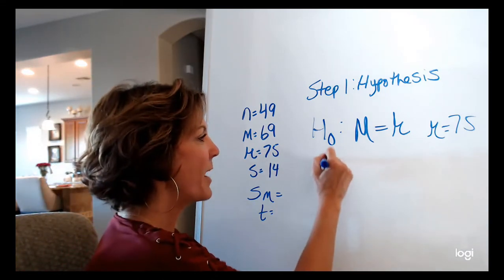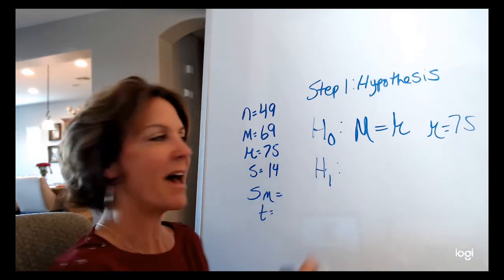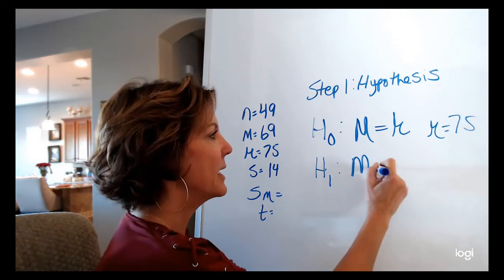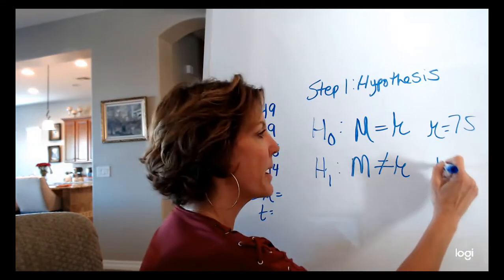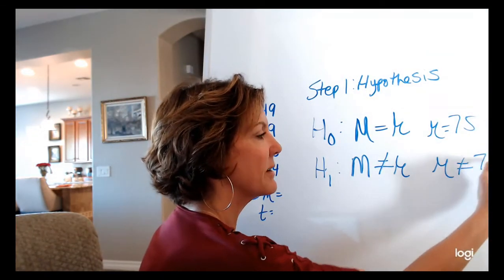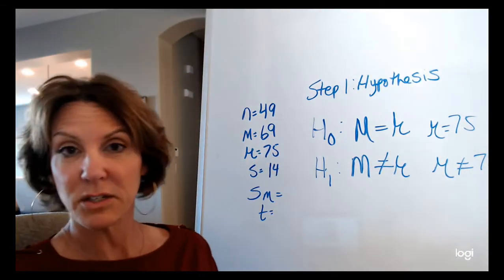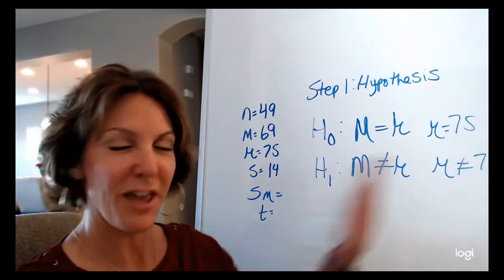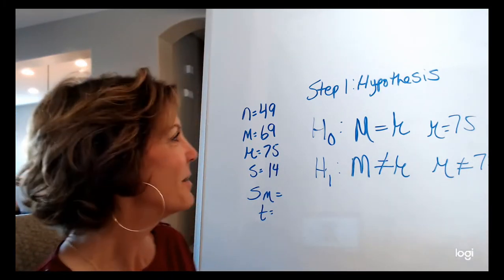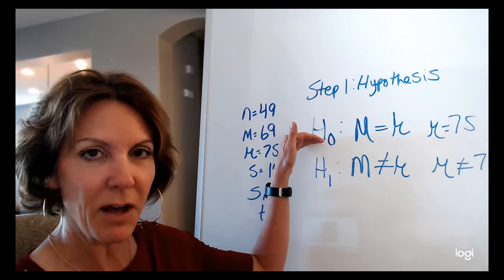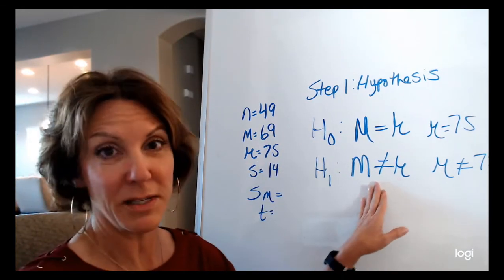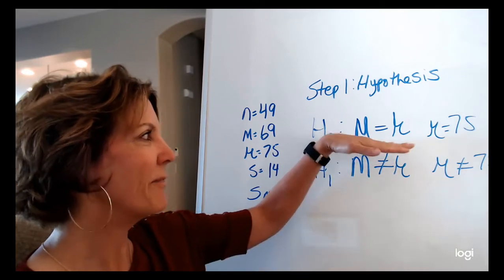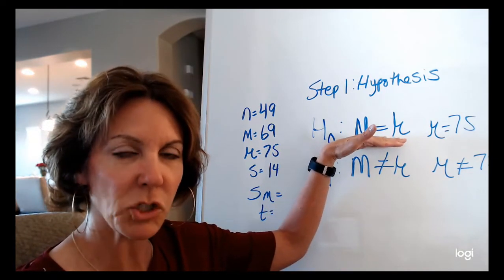The alternative hypothesis is that my sample mean is not equal to the population mean, or it could be that the population mean is not equal to 75. So this is 2 ways of writing the same thing. Either one is just fine, but we do need to have a null hypothesis and an alternative hypothesis. This is the one I want to see as a researcher, but I have to set this up. This is the one that I'm actually going to test.